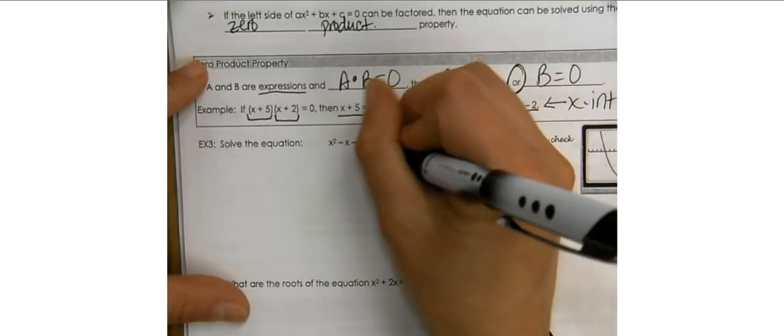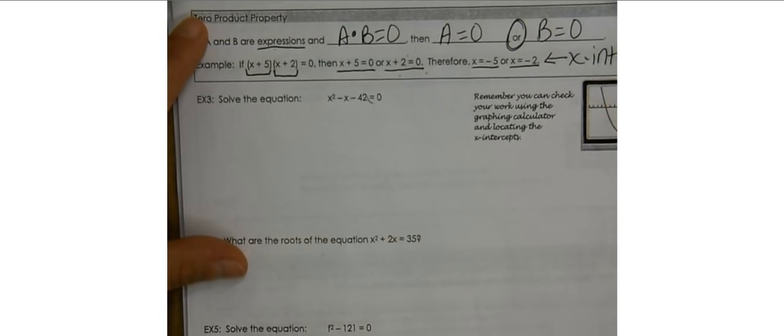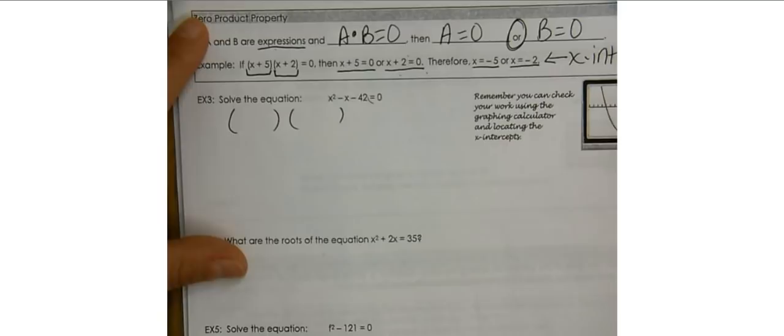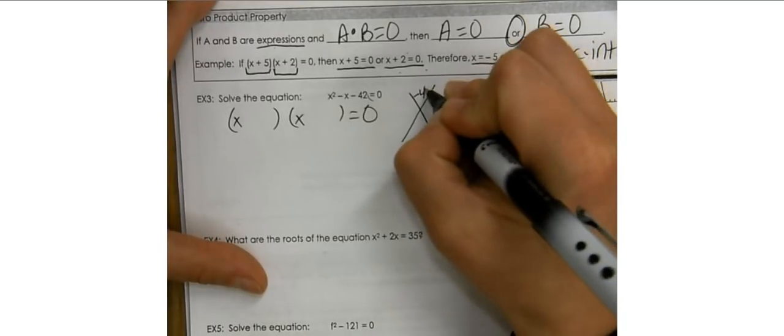So let's go ahead and look at example number 3. In example number 3, I don't want you to lose your equal 0. You need to make sure that you keep that equal 0 as a part of your equation. So I'm going to start off by breaking down the left-hand side of the equation into 2 parentheses by splitting apart the x squared into an x and an x. And from there, I'm going to ask myself, what 2 numbers multiply together to equal negative 42, but together add to equal negative 1, which is my b value.